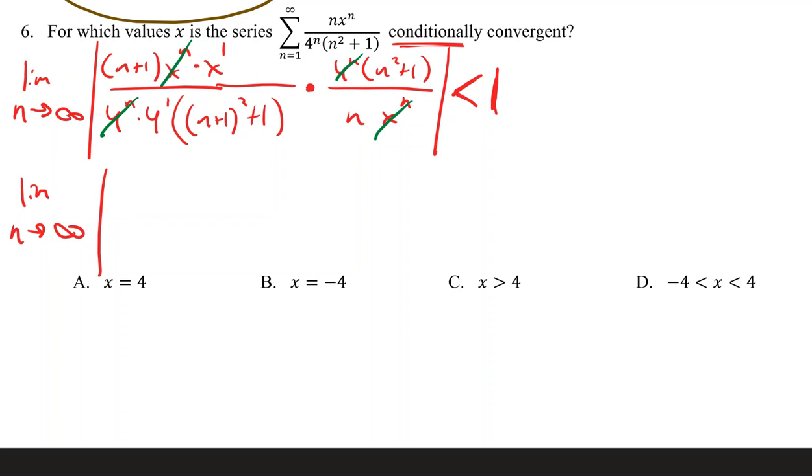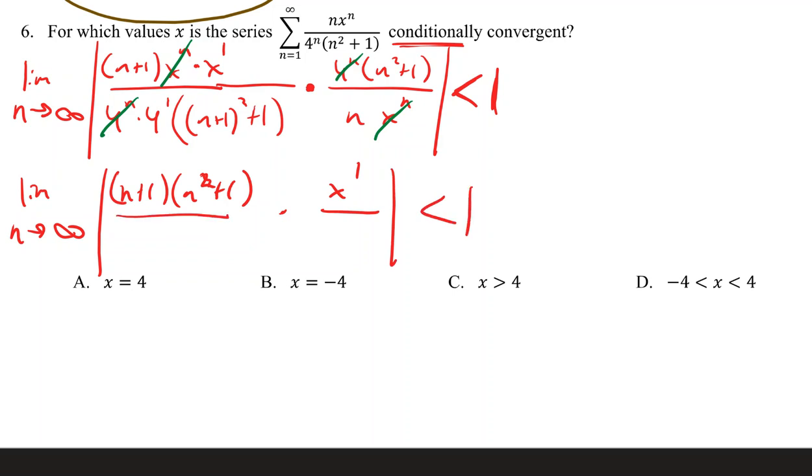But one thing I suggested, especially in the ratio test, when you've got so much stuff going on, make one step where you just put all of your n stuff up front, n plus 1 times an n squared plus 1, and then put all your other stuff like x's a little bit out to the side, and you'll see why I'm going to do that. Got an n and an n squared.